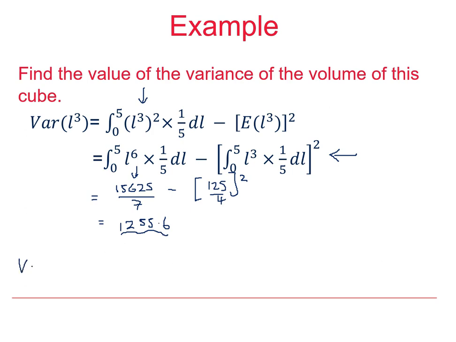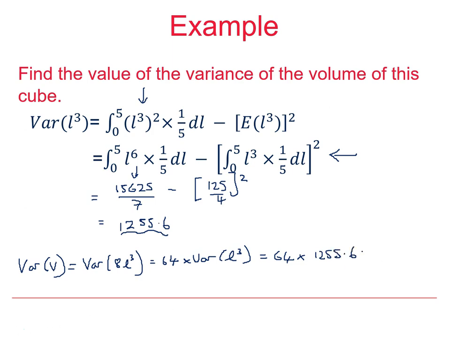So the variance of the volume, which is the variance of 8L cubed, which is 8 squared or 64, multiplied by the variance of L cubed, is going to be 64 multiplied by 1255.6, and that equals 80358.4. Again, very large, but you can get values of that sort of size when you're looking at volumes and variances.